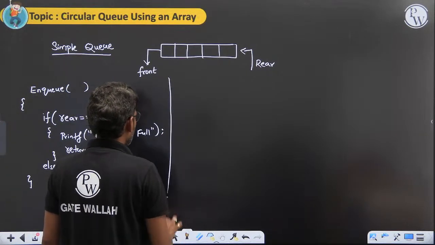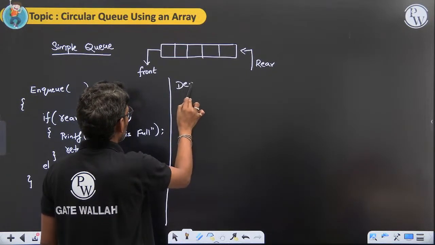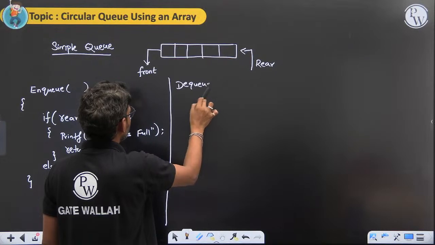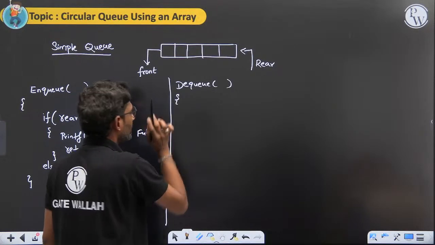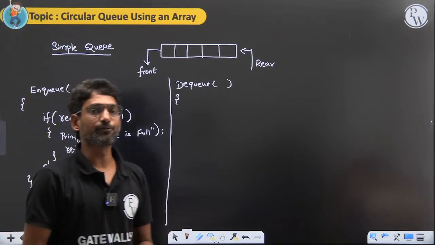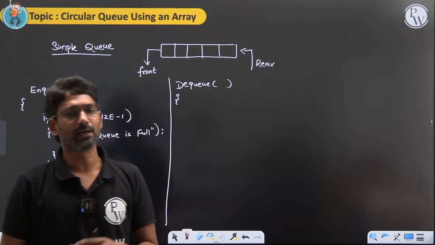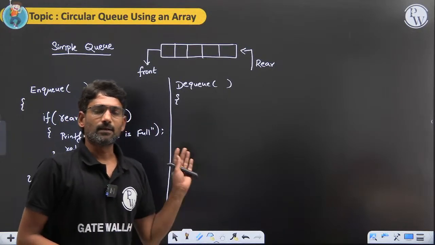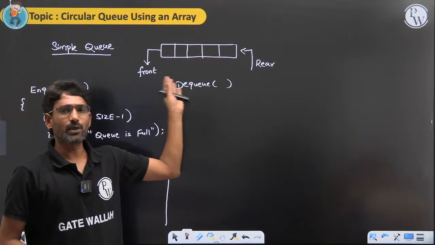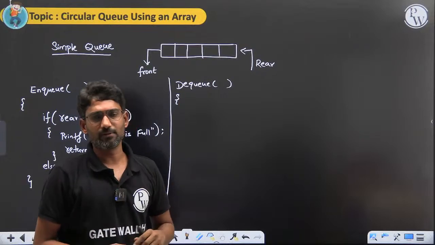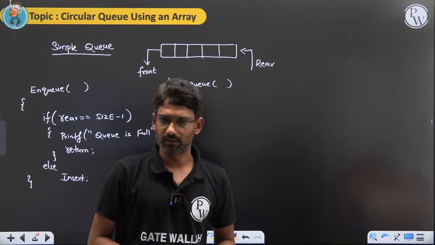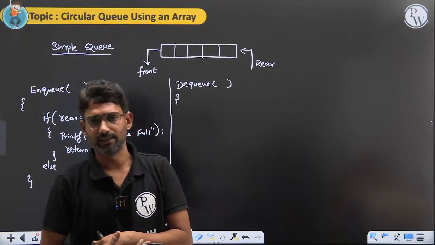Similarly, whenever you try to dequeue, we handle the underflow or empty condition. If the queue is empty, obviously we cannot delete anything. When there is nothing, what can we delete?